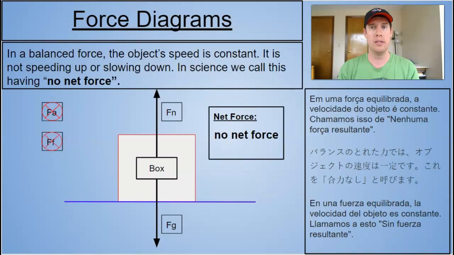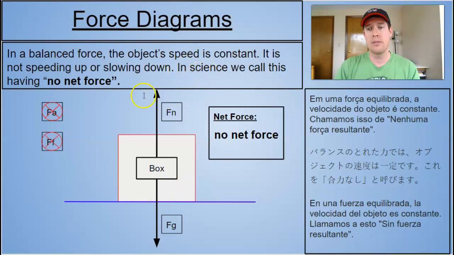Also, in a balanced force situation, the object's speed is constant. It is not speeding up or slowing down. You can think of it as neither one of these forces are winning or losing. They're kind of canceling each other out.